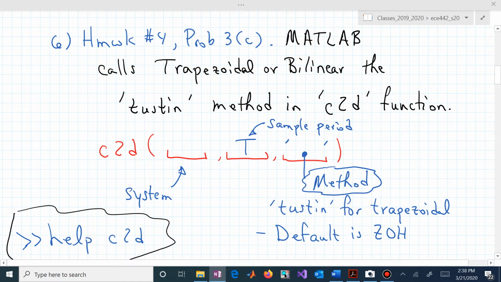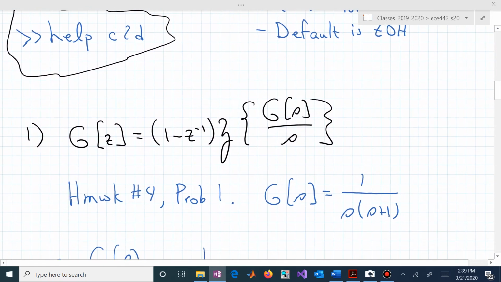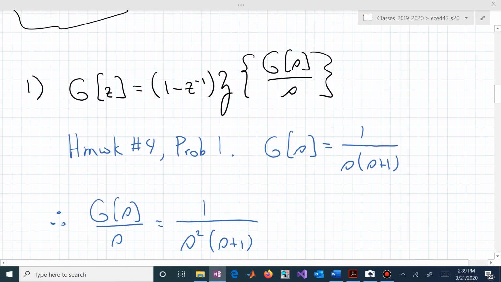The second strategy is, in MATLAB, the default strategy, which is the zero order hold equivalent, and that's the strategy where we incorporate the dynamic behavior of the zero order hold together with the plant itself, and that we will talk about now, in question number 1 during the office hour period.